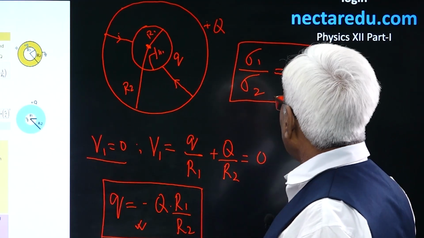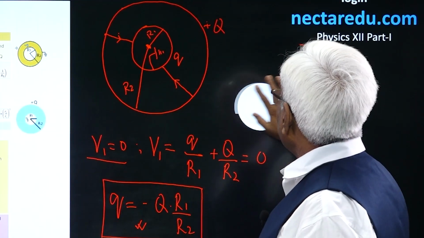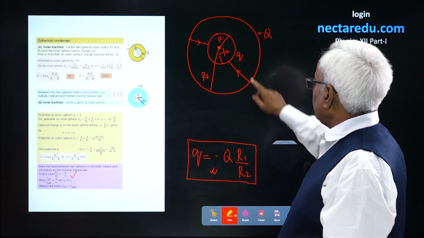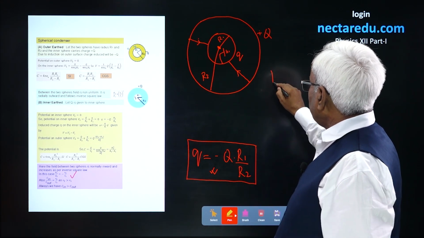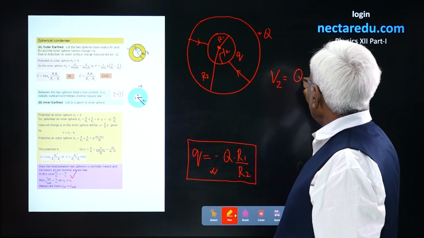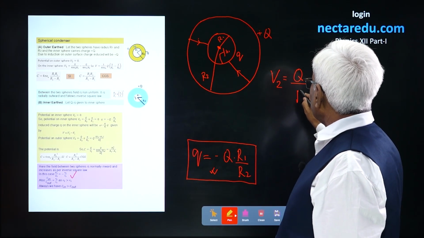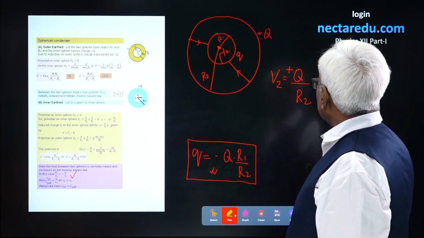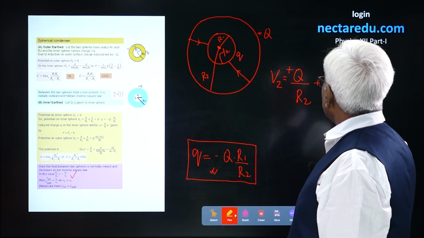Now, finally, let's find what is the capacity in this case. Potential of the inner one is zero. Let's find the potential of the outer one. The outer sphere will produce this potential, and the inner sphere will produce this potential.